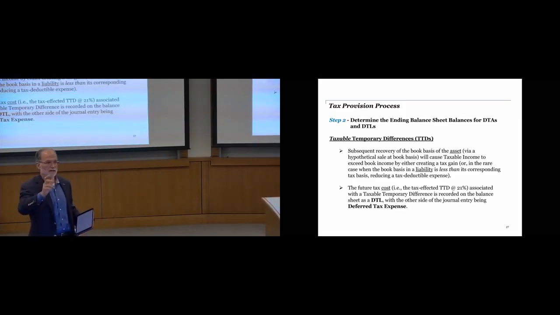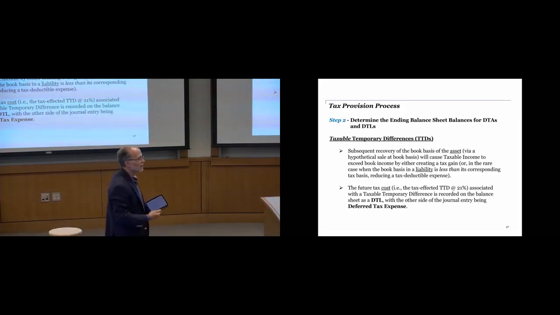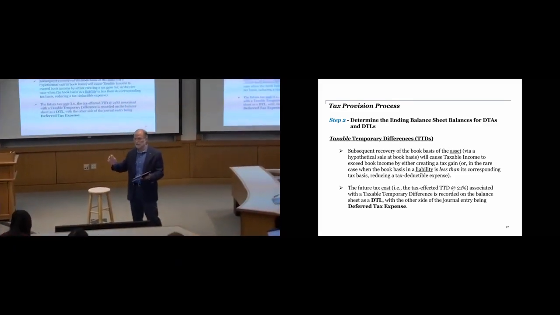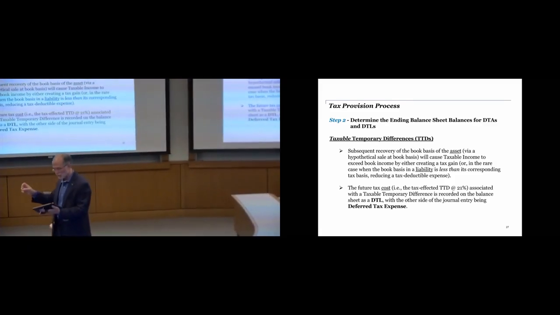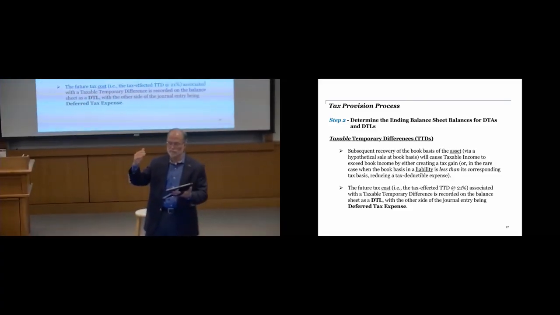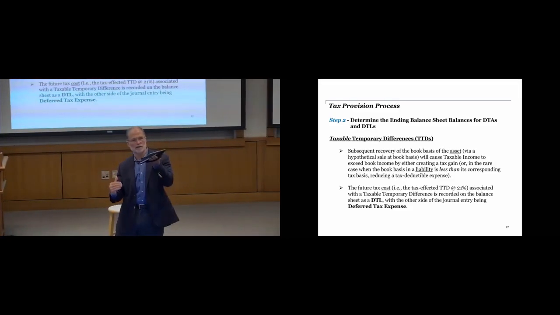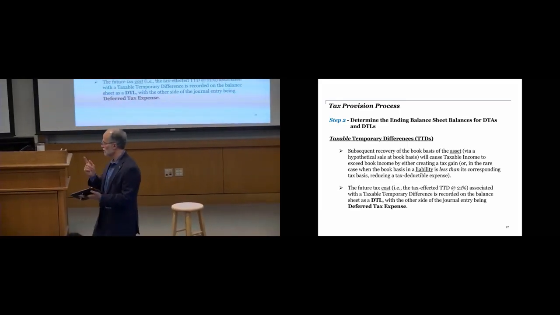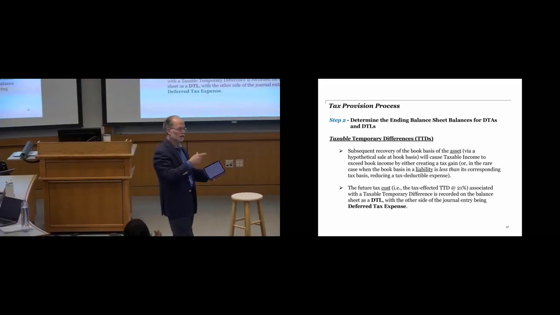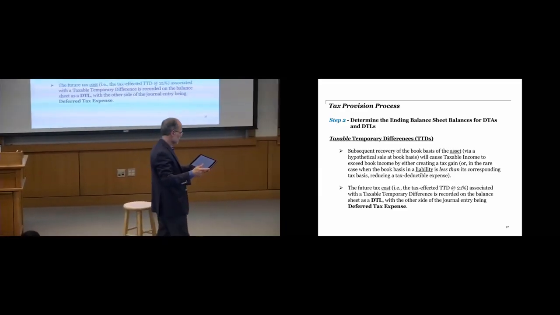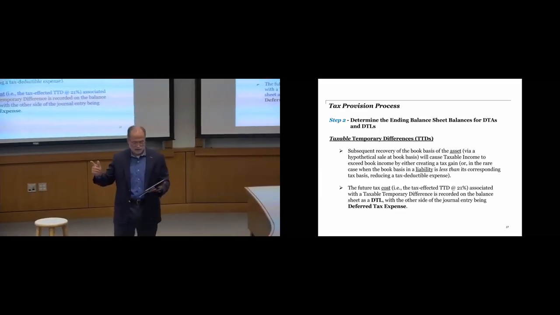But I think this is relatively rare, when I would have the book basis in a liability less than its corresponding tax basis. I think it's more common to see that reversed. We'll talk about that on the temporary deductible. So keep that in mind.